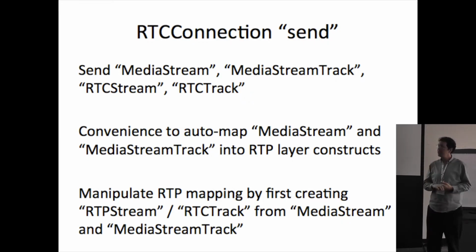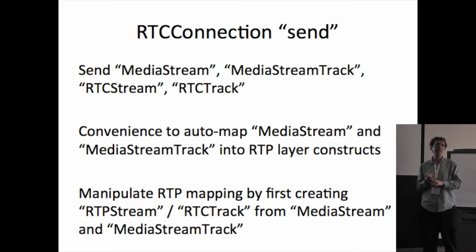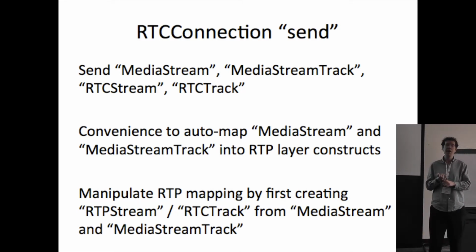There's a send method which you can pass a media stream track by itself. If you send in a media stream, it's going to try to send all of the tracks contained within that media stream, and it returns to you an RTC stream and an RTC track which represent the mapping. If you don't really care how the mapping works and just want information about it, you can just pass in the streams, and it'll return the information.